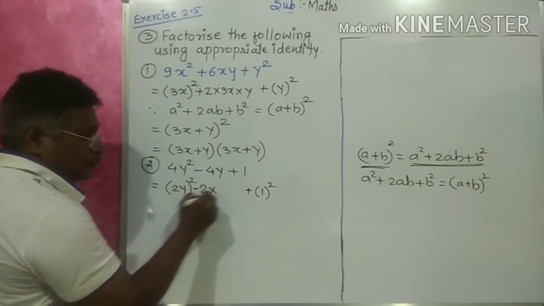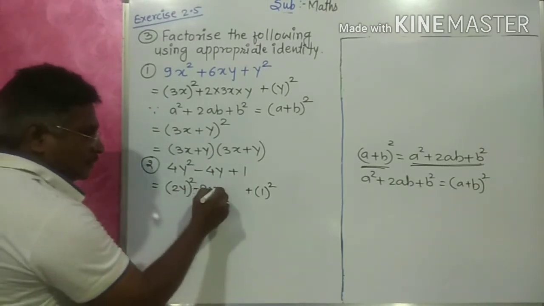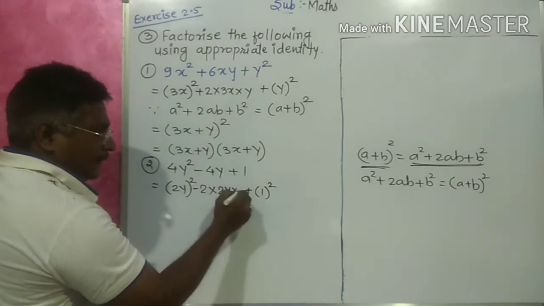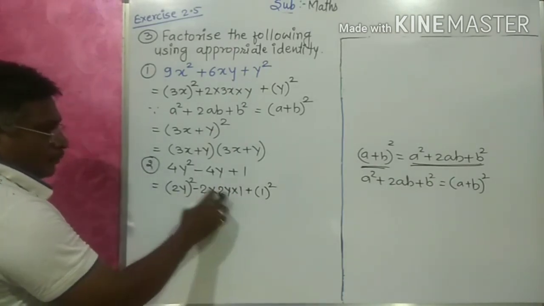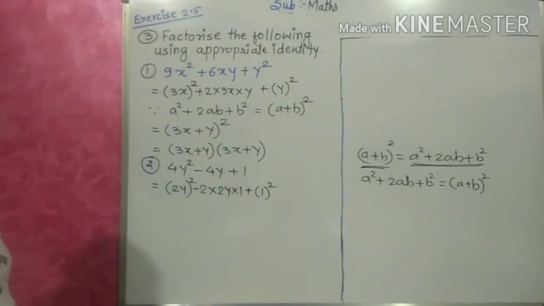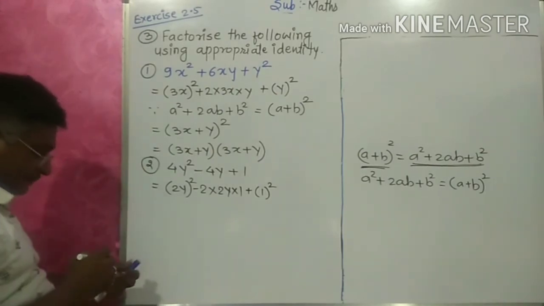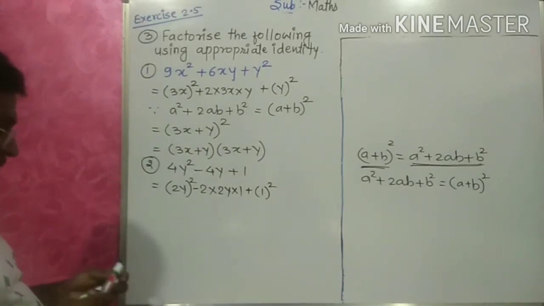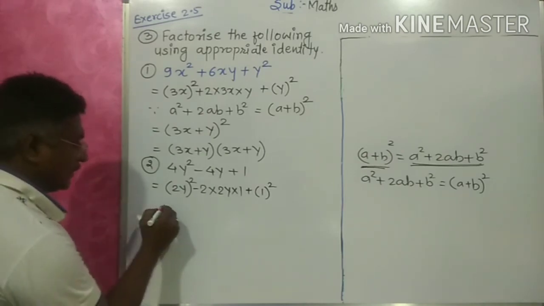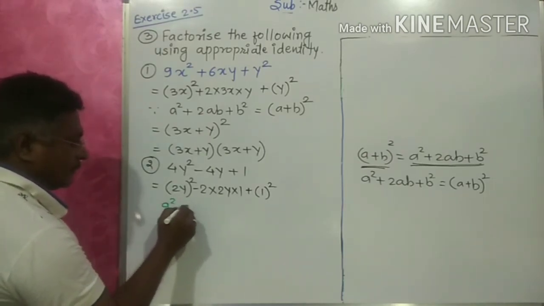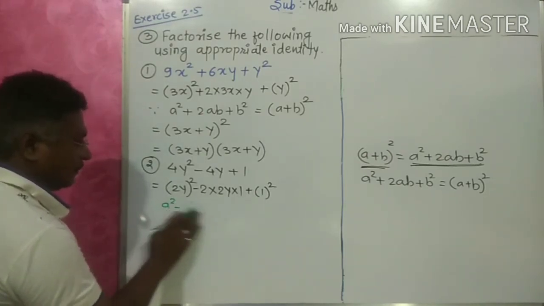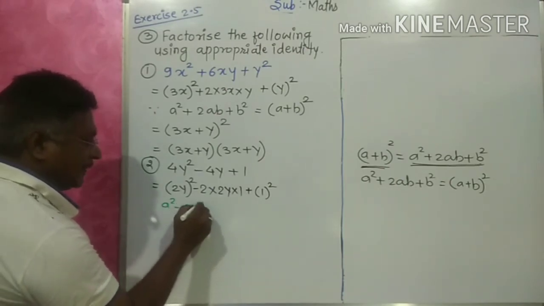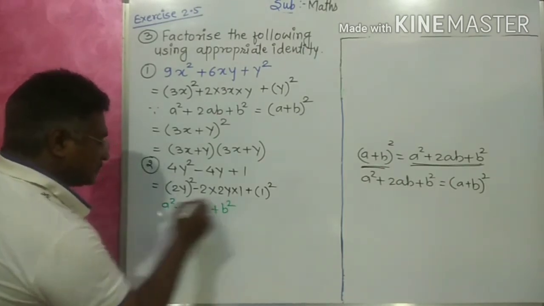Minus 2ab, where a is 2y and b is 1. So is minus 4y there? Yes. Which identity is here? a square minus 2ab plus b square.